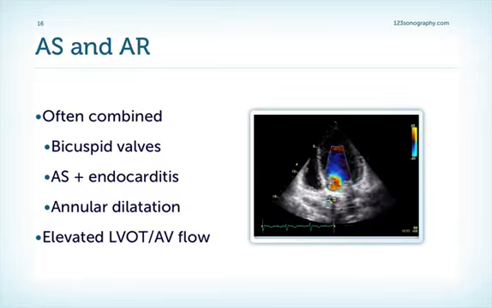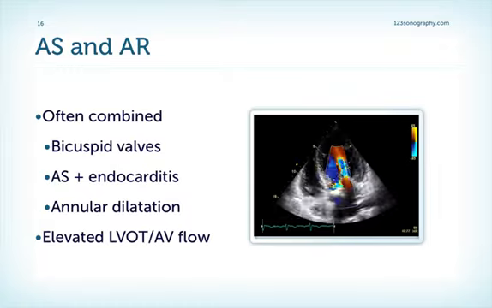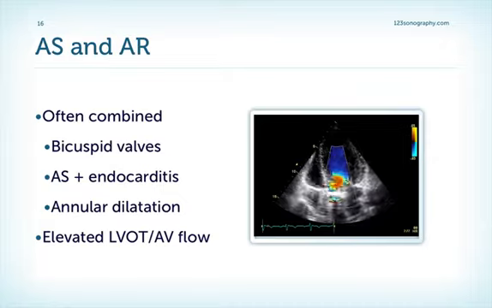Very often we have combined aortic stenosis and aortic regurgitation, especially of course in bicuspid valves, or if the patient had endocarditis with aortic stenosis, or if there is annular dilatation or aortic aneurysm.